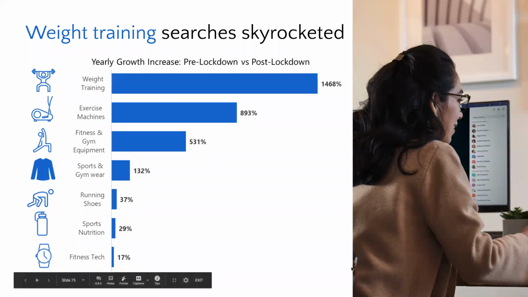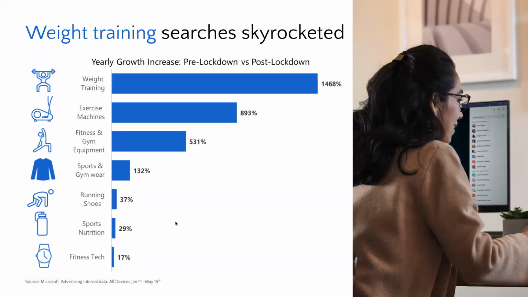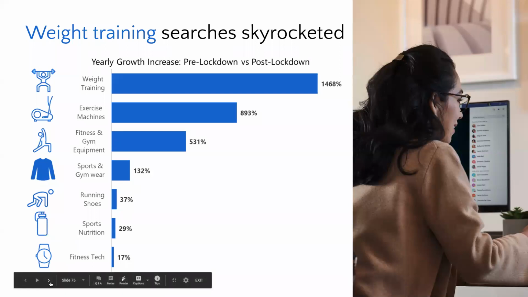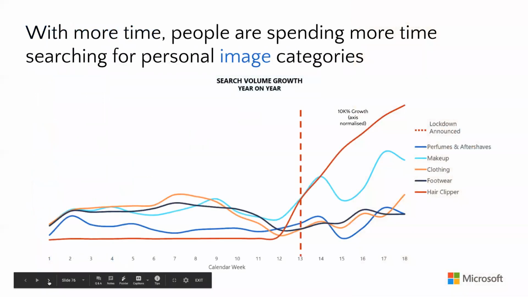Which is, if you're in that sort of business, definitely somewhere to focus on. We didn't see the same trends in nutrition, fitness tech, interestingly enough, and running shoes, obviously maybe predominantly used outdoors, so that's reduced slightly, but still strong growth.